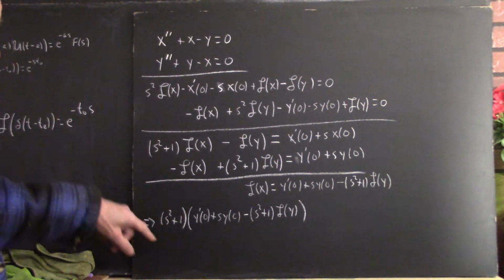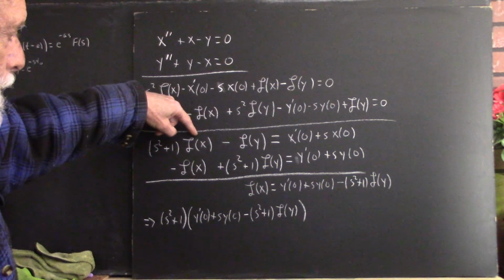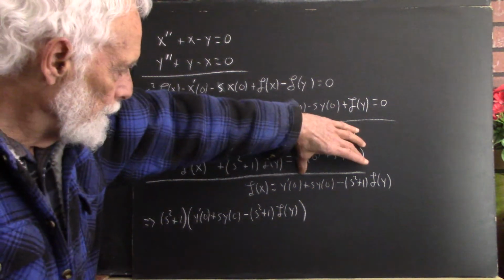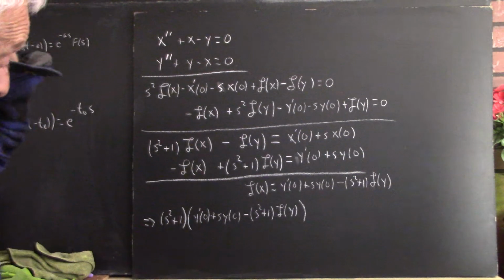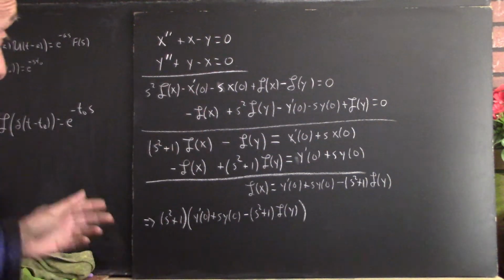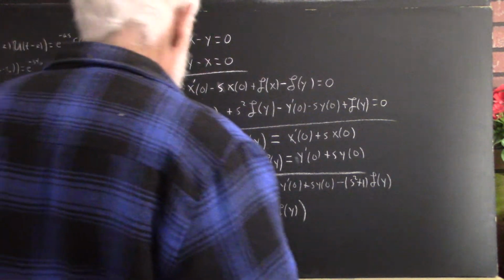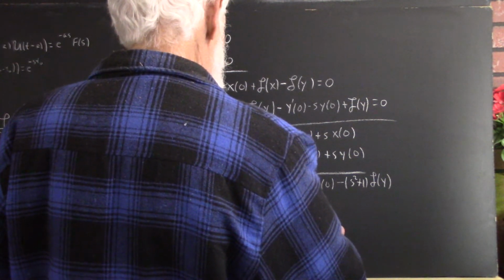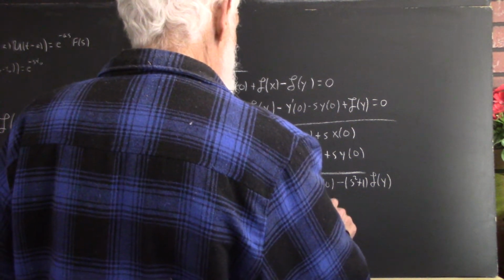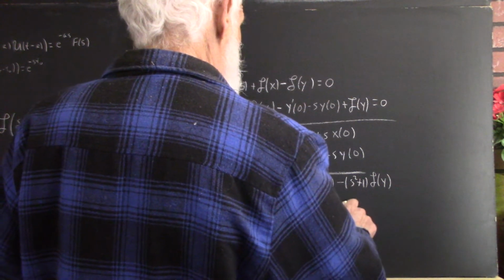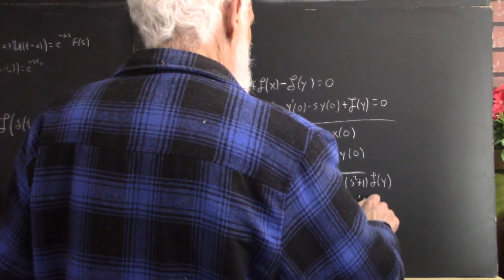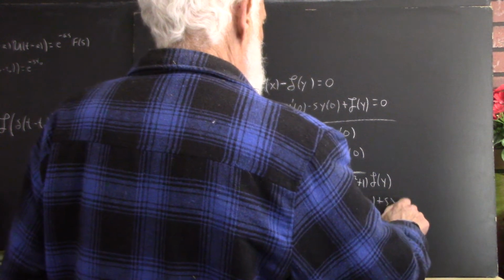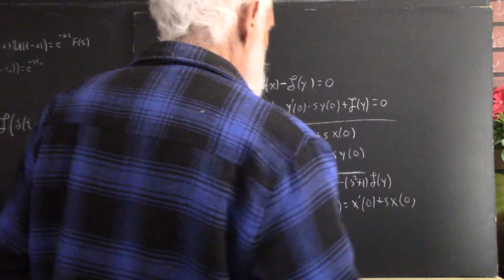So this is what we get out of our s squared plus 1 L of x when we substitute this expression for L of x. Now if you see me do something wrong, holler, but it's inevitable that I will apparently. But okay, well then this is minus L of y, and that's going to be x prime of 0 plus s x of 0.